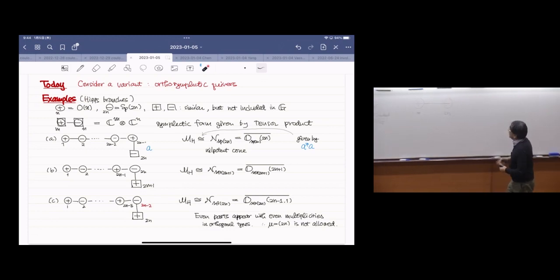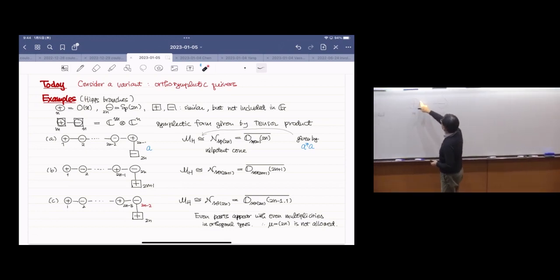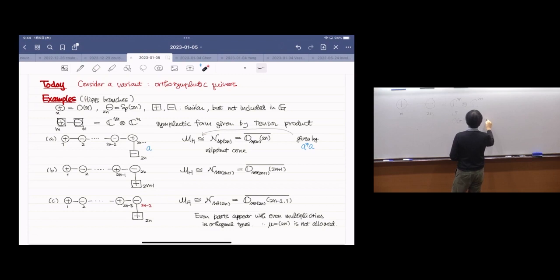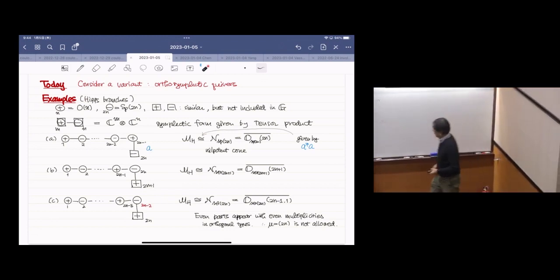For the usual quiver gauge theory, we assign a bifundamental: a homomorphism from here to here and a homomorphism from here to here. But instead, we just assign the tensor product of the vector representations, C^n and C^2n. So this is a representation of O(n) times Sp(2n).